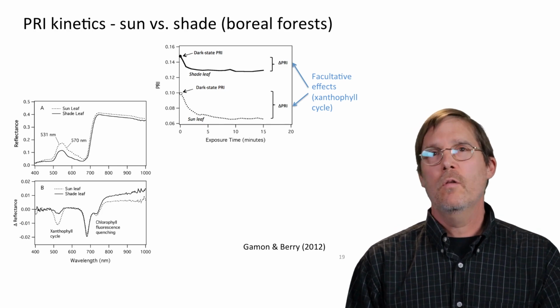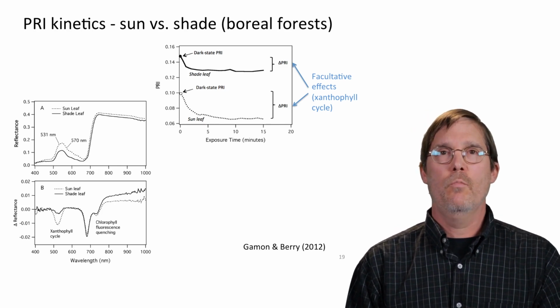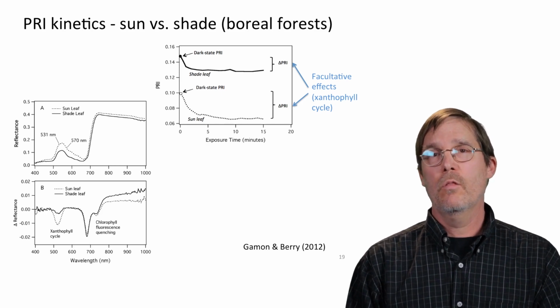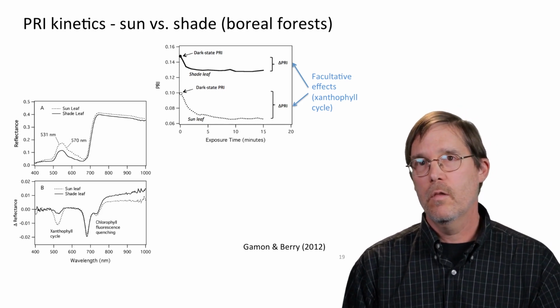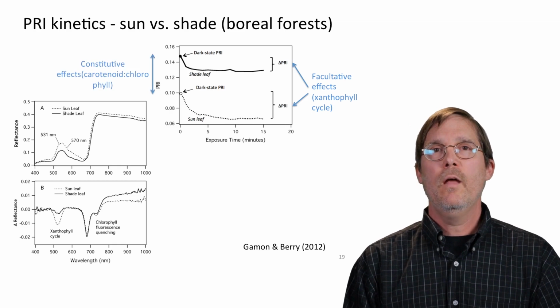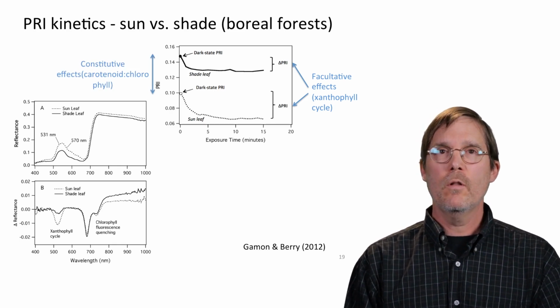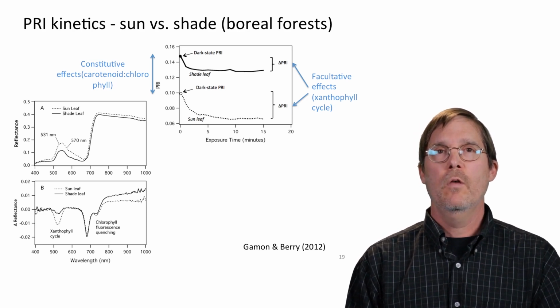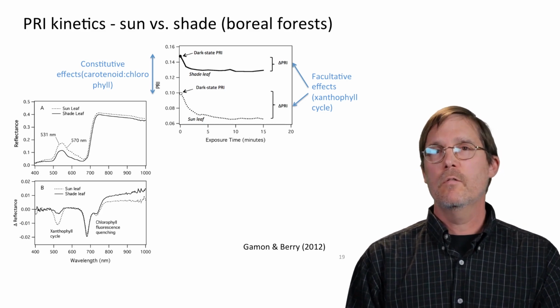Now, what we also notice is this fundamental difference in the starting point between the dark and the light. In other words, the shade leaf and the sun leaf. That difference shown on the left is really due to different levels of carotenoid pigments relative to chlorophyll, the so-called pool size effect. You can think of this as a constitutive effect.